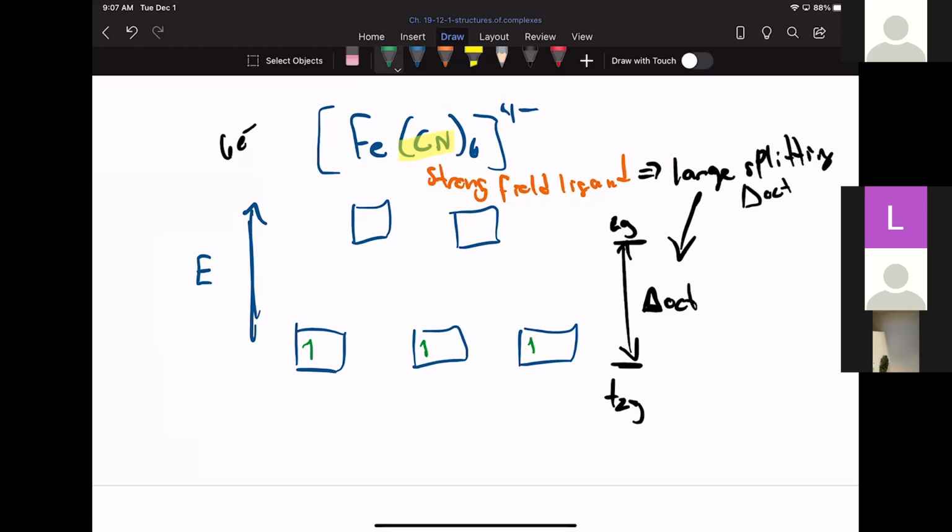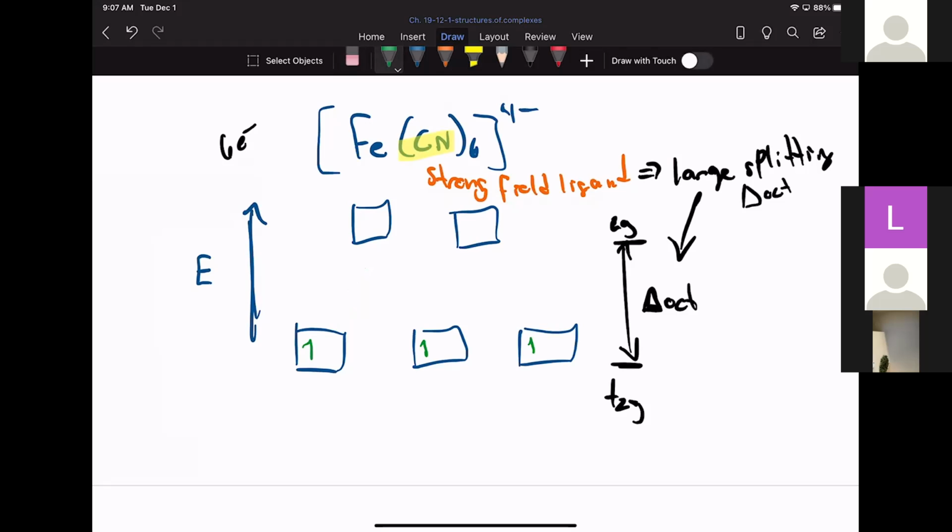It takes a lot of energy. The larger this splitting is, the harder it is to get an electron up here. Because it's a strong field ligand, and because of the large splitting, this is what we're going to consider a low spin complex.